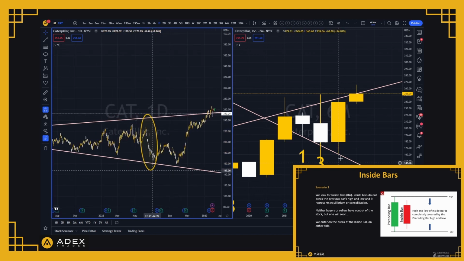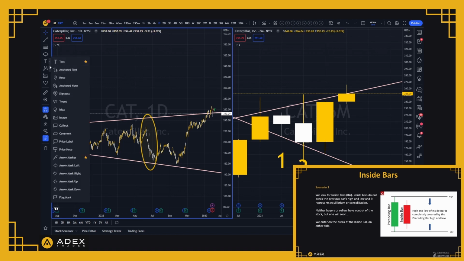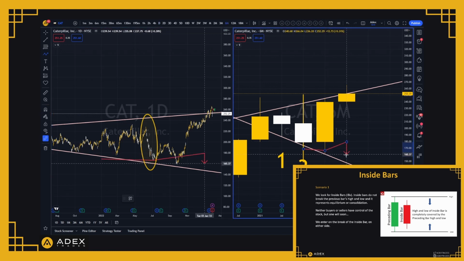Once you create that 3, you draw your lines so you can create your broadening formation, so you can know the possible areas where price can go to. Price can bounce here, bounce here, bounce here, bounce here, right?